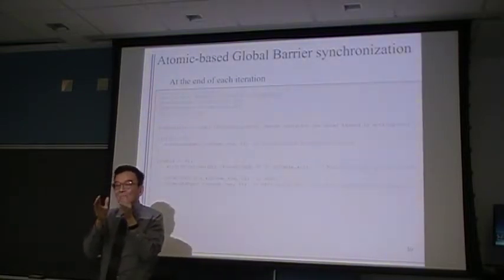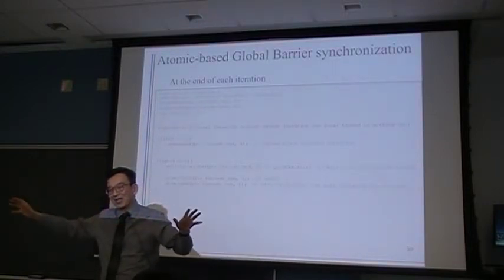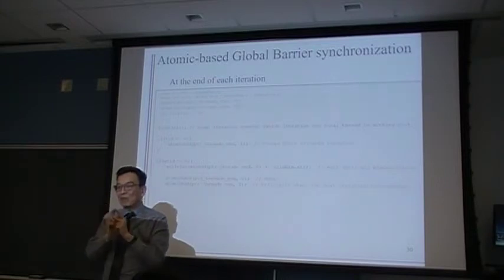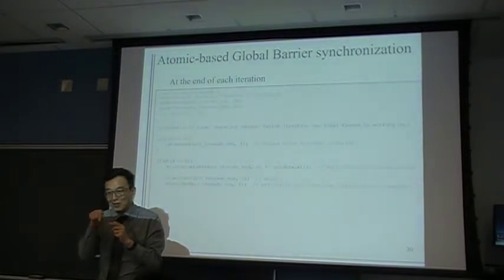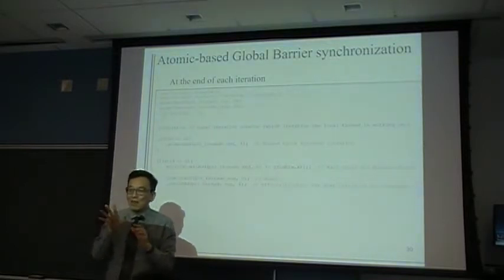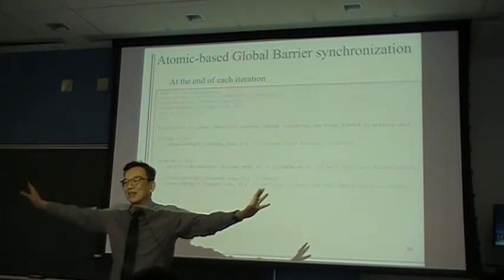So it should be readable by all the threads. So using atomic operation is not because of a race condition here, as you correctly pointed out. There's only one thread that will do it. But if you use atomic operation, it will force the value to become visible to all the other threads.